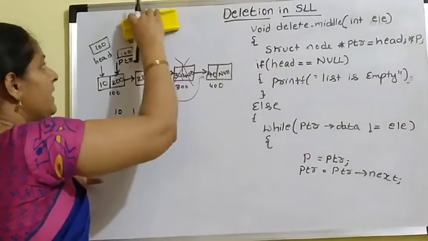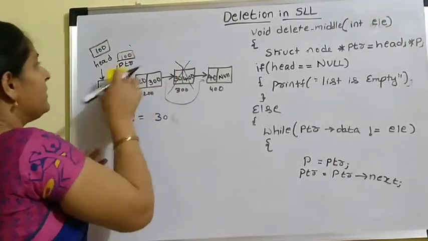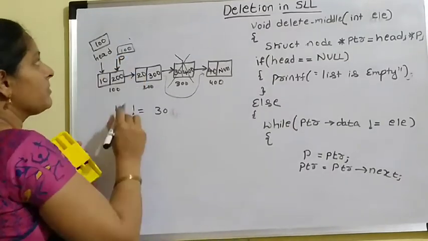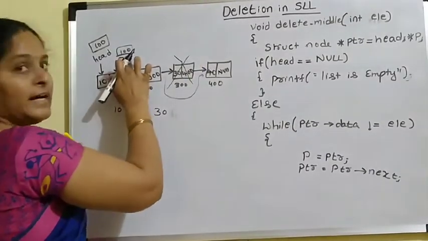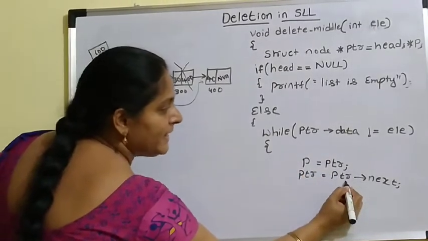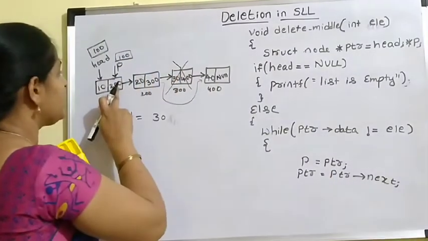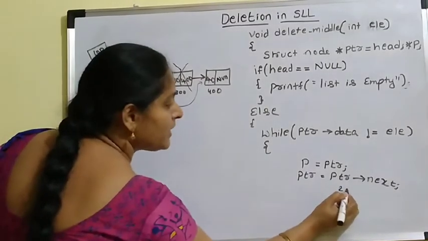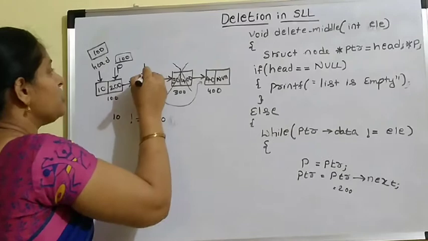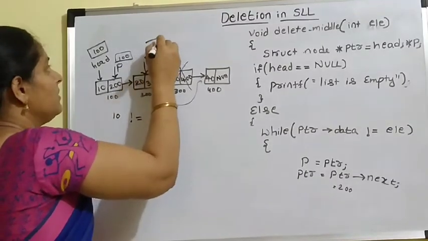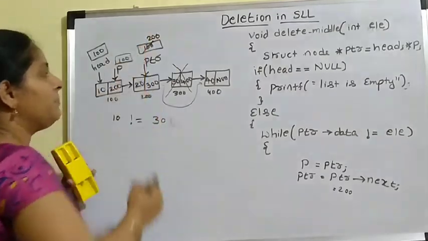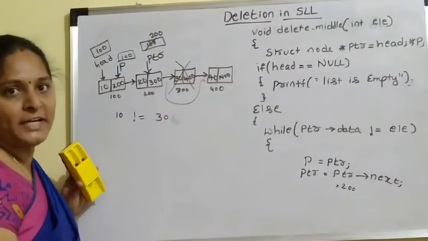So that 100 I am giving to P. Now P is 100, and in the next step, PTR next is 200, so that 200 I am assigning to PTR. So PTR comes to this position. Previously PTR was 100, now it is changed to 200.